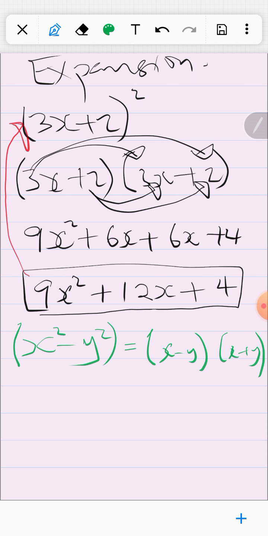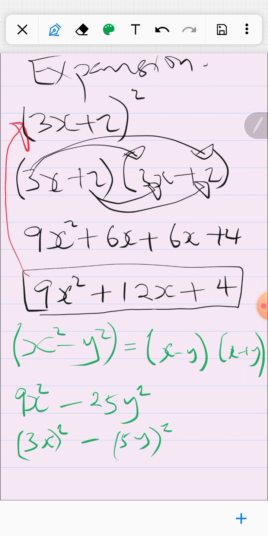To make it more interesting, if I had 9x squared minus 25y squared, that's a difference of two squares because 9 is the same as 3 squared. So this is basically the same thing as (3x) squared minus (5y) squared.